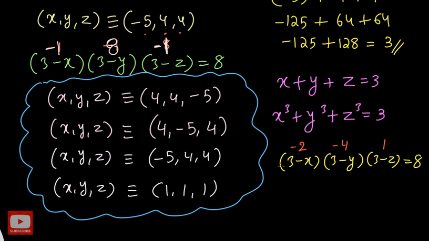You can try with them and you will obtain the x, y, z values, but they will not satisfy these equations. They should satisfy both the equations. They will not satisfy them. I will leave this as an exercise for you because the video will become very lengthy if I go on trying with all the numbers. But my final conclusion is that these 4 are the only possible solutions for x, y and z that will satisfy these 2 equations.